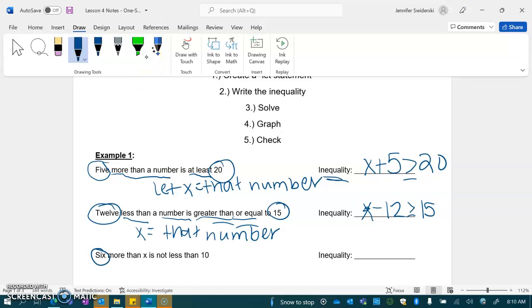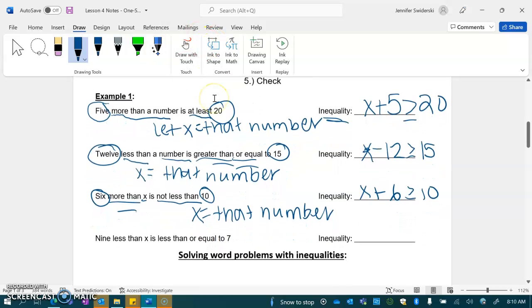For this, it says 6 more than x is not less than 10. That's tricky, right? So I'm going to start with x. We're writing that inequality. X is going to be that number. So I know that number plus 6 is not less than. Well, that means it's going to be bigger than or equal to 10.